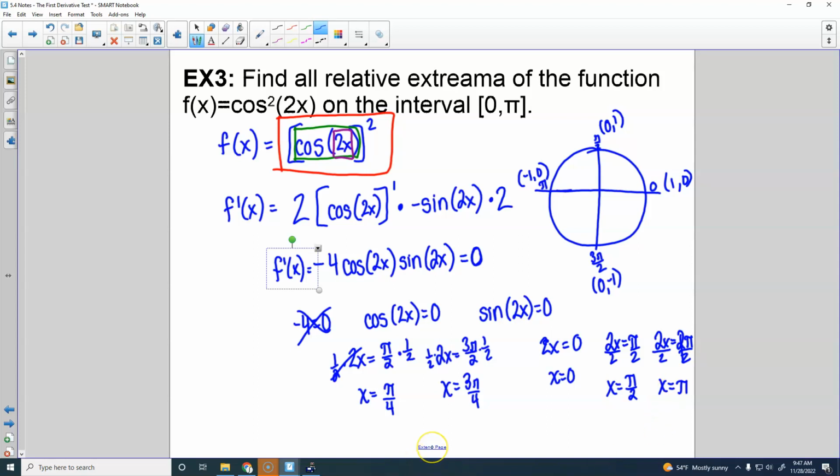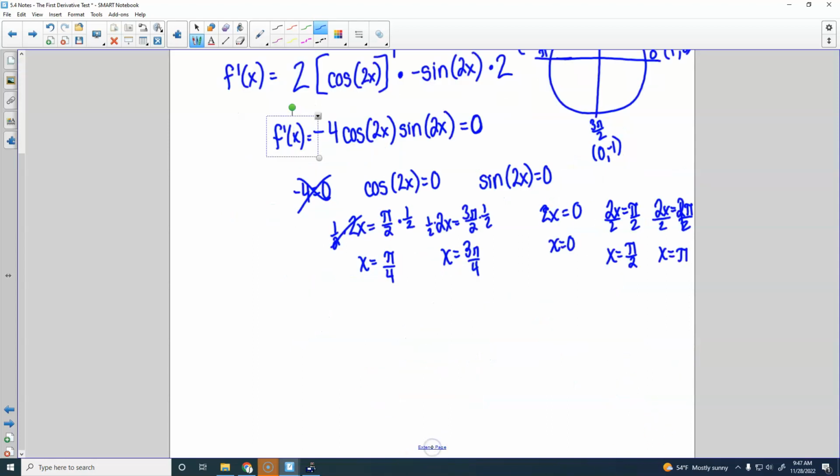All right, are we okay here? So, critical points, we are going to have 0, pi over 4, pi over 2, 3 pi over 4, and pi. And I'm going to make a chart for this one. This is where it's important that you've got that negative 4 right there.